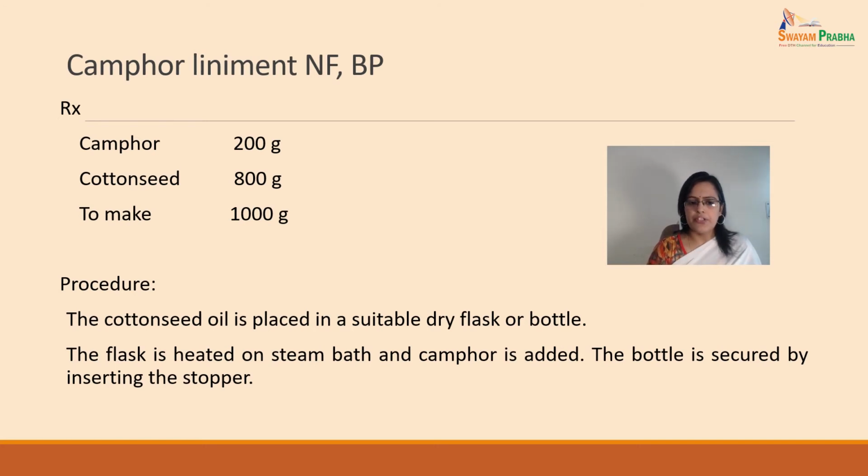On a steam bath you have to heat the flask containing the cottonseed oil, and then camphor is added to it, and the bottle is then covered and you have to insert a stopper to it. So this is camphor liniment.